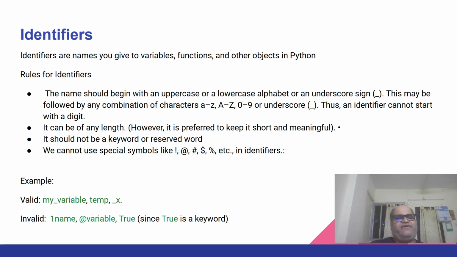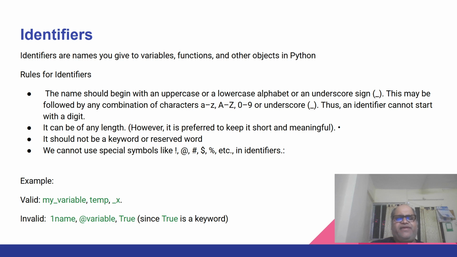For example, if capital FALSE is the keyword, then you can use something with a small f, like false, or it could be part of another bigger name. Another thing is you can't use special symbols. Some of the ones listed are exclamation mark, at the rate of, dollar, percent, etc.